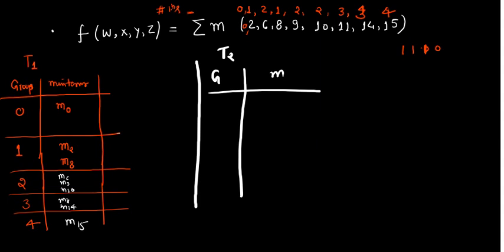The difference is 2, a power of 2, so we can combine m0 with m2 and we write the difference.